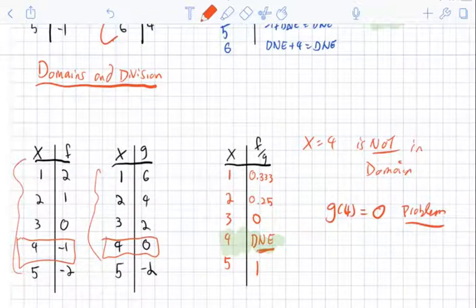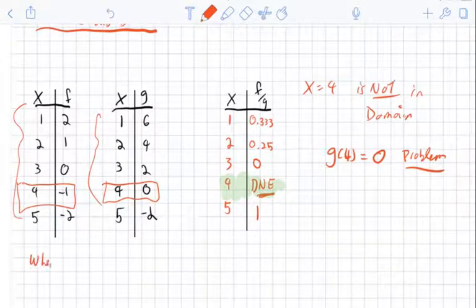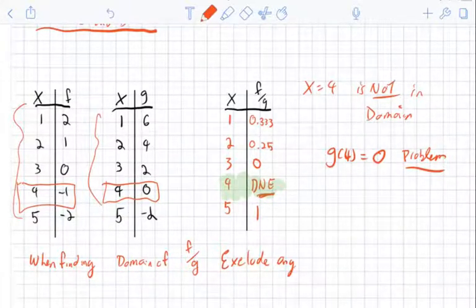When finding the domain of f divided by g, you need to exclude any numbers where g gives you 0. Okay.